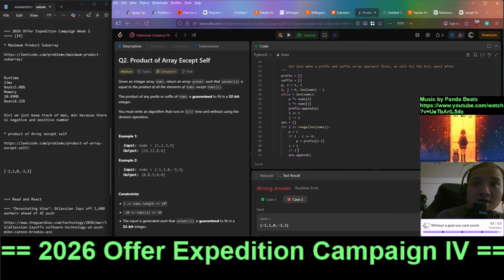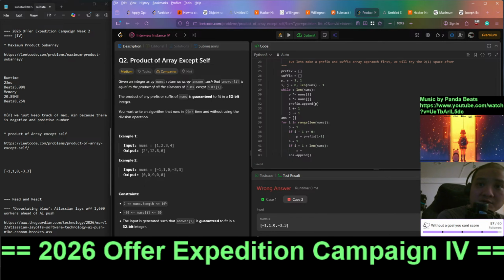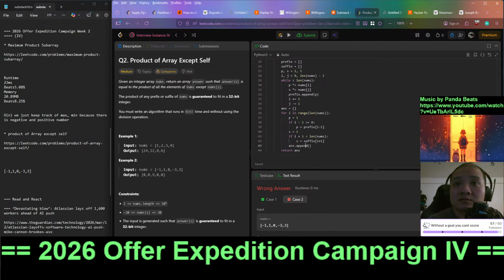If i plus 1 is less than length of nums, then suffix is gonna be suffix[i plus 1], right? It's gonna append, be multiplied by that, right?